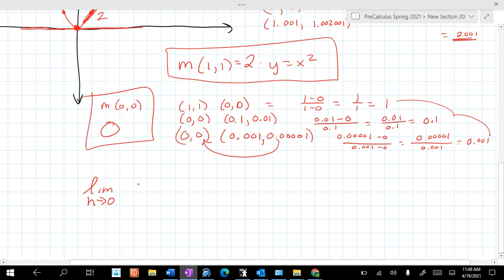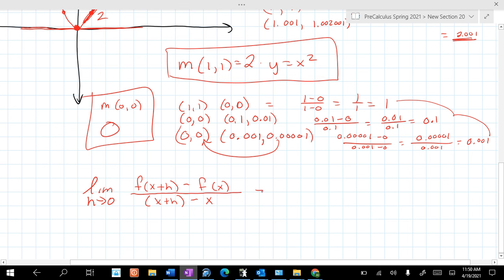This is my function where I add a certain amount on, so f of x plus h, because I added a little bit on to my zeros each place here. And then I subtracted my original number, f of x. And on the bottom, we have x plus h, that's my x values, minus x.